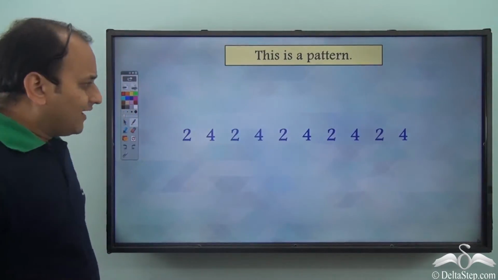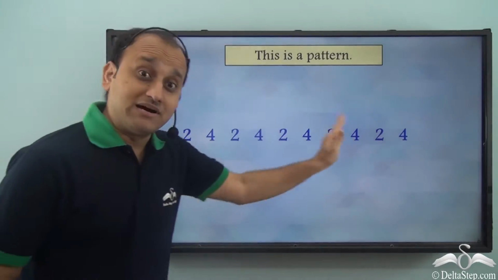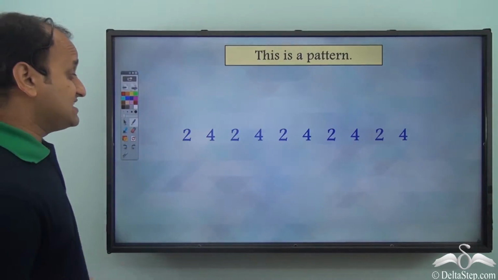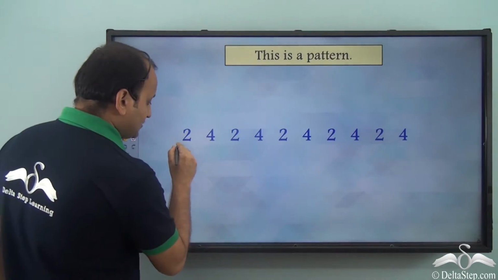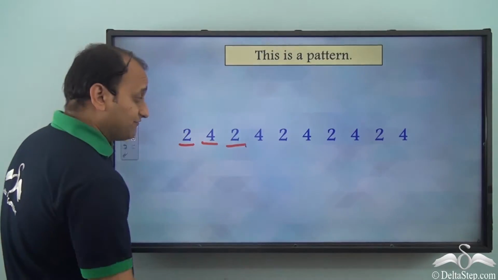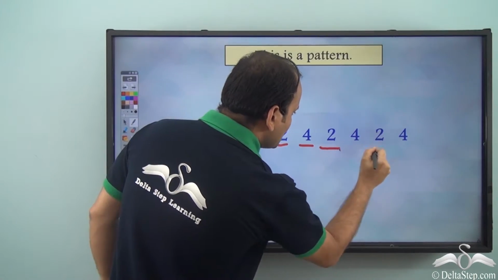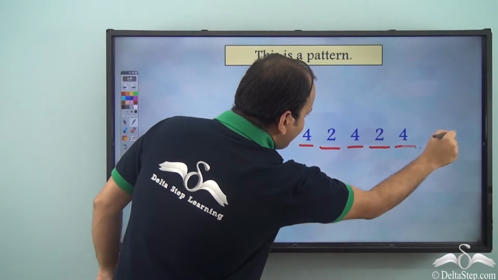Now what if I have some numbers? Well, even these numbers are in a pattern. Let's see how. So we have 2, then we have 4, then we have 2, then we have 4 again, 2, then 4 again, 2, 4 again, 2, 4 again.